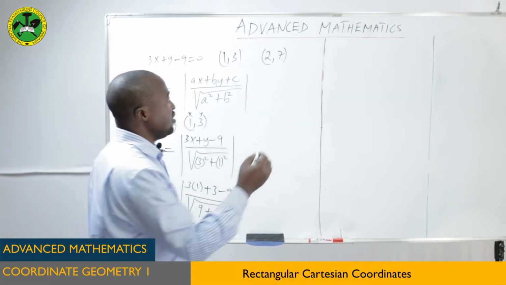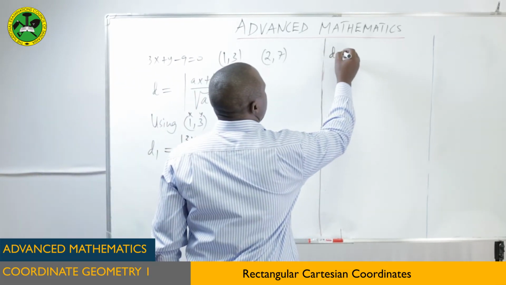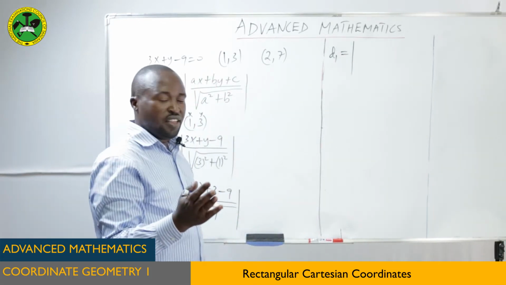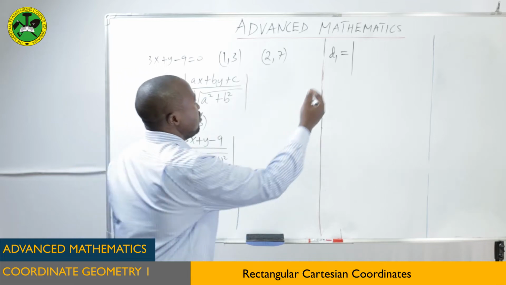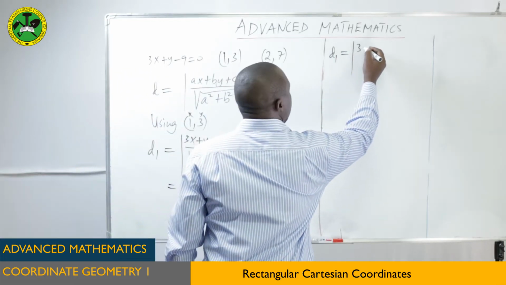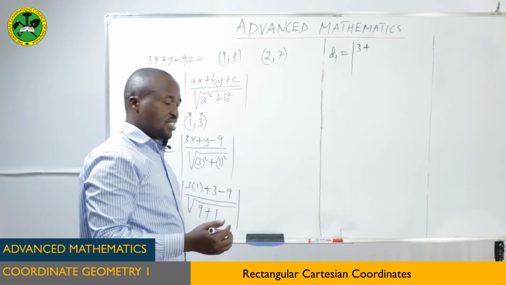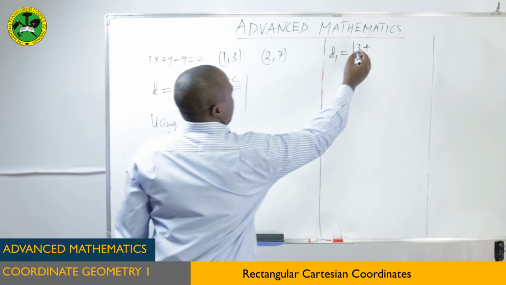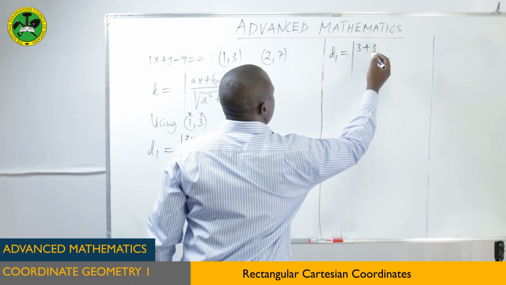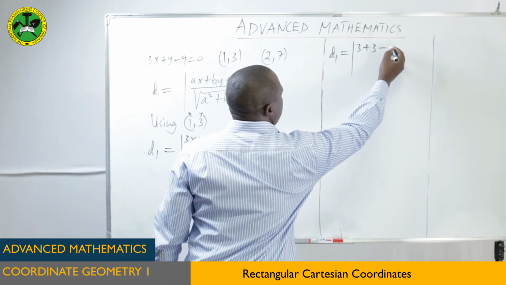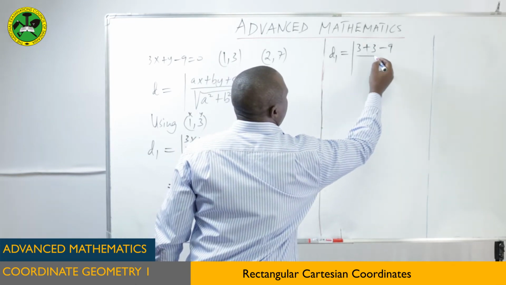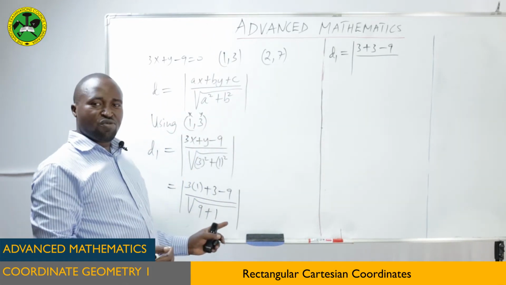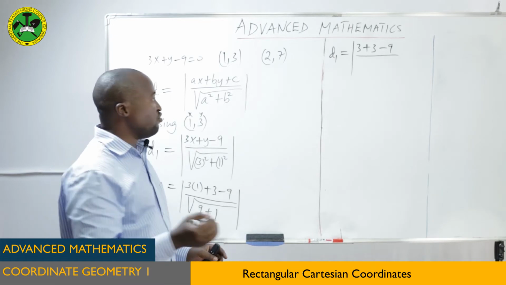Therefore d1 is equal to 3 times 1, which is 3, plus 3, then minus 9, over 9 plus 1, so we have the square root of 10.